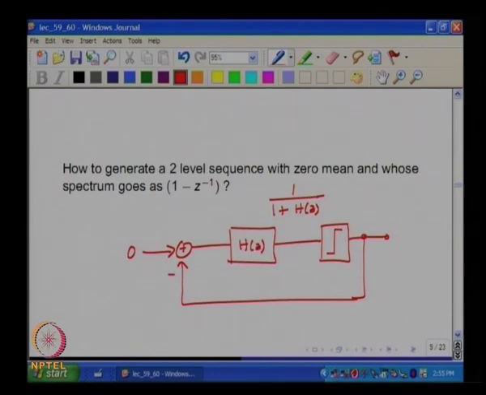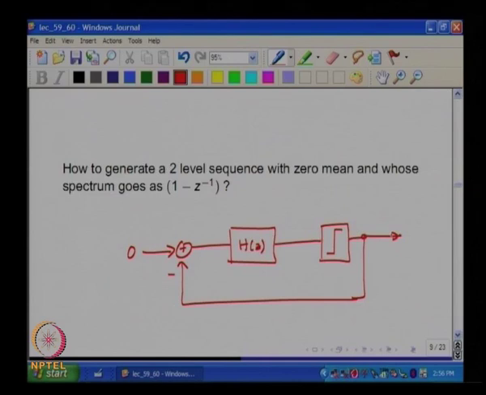Is that clear? So, if h of z is Z inverse by 1 minus Z inverse, then the spectrum at the output will be 1 minus Z inverse times some quantization error. Is this clear?